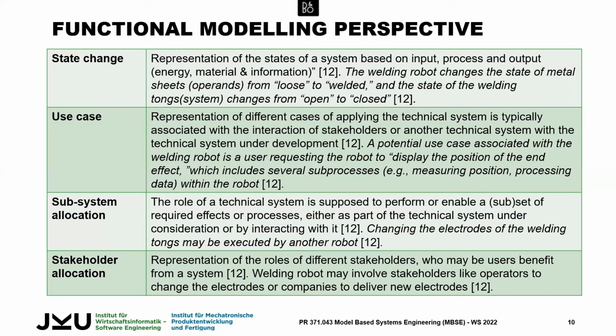I will show this in the next slide. And the stakeholder allocation, as I have already shown. Here you will understand for whom you are doing these functions. So these are the characteristics or perspectives of functional modeling, and there is an explanation there as well.